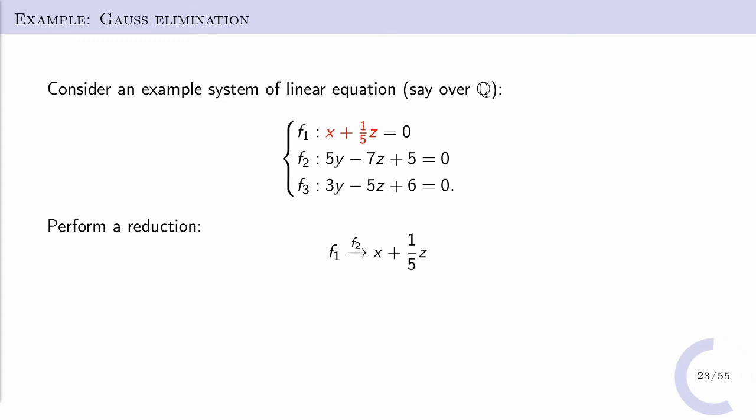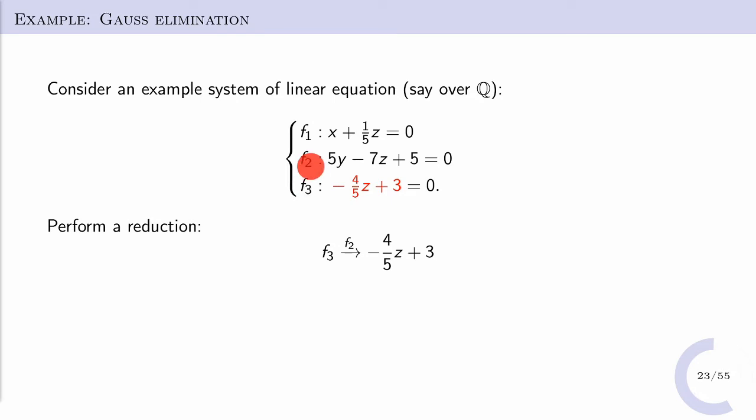If we reduce f1 modulo f2, we will cancel the y here. So we have x plus 1 over 5z. If we reduce f3 modulo f2, we will arrive at this one, minus 4 over 5z plus 3. And now finally, this will be the leading term of f3, so we can cancel these here. So we will reduce f1 modulo f3 to cancel z here, so we have this here.